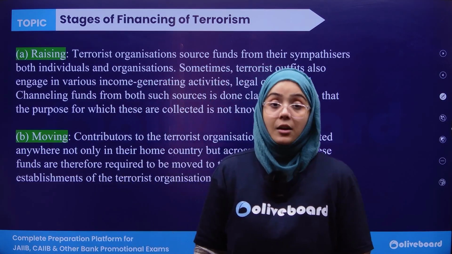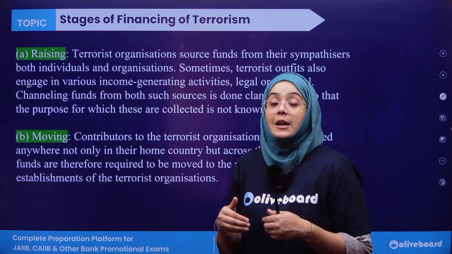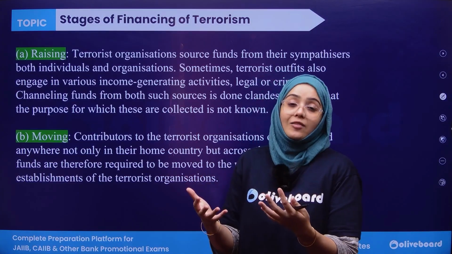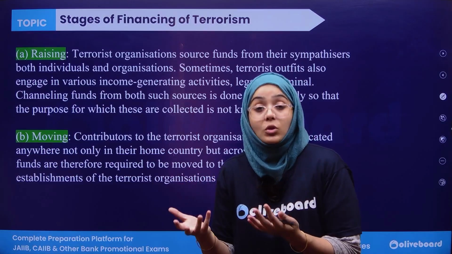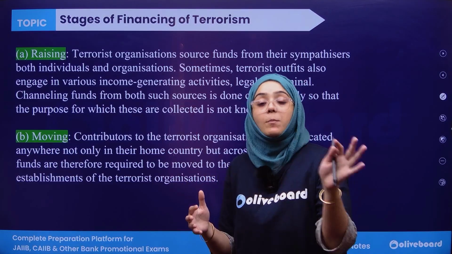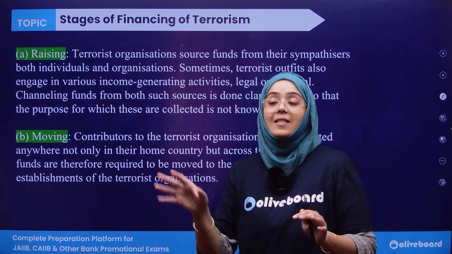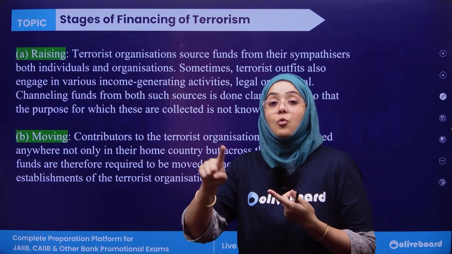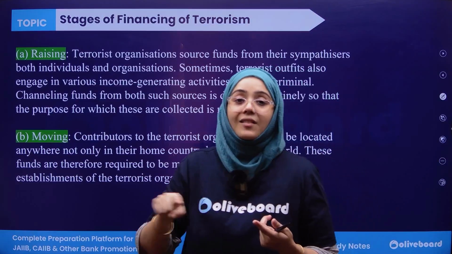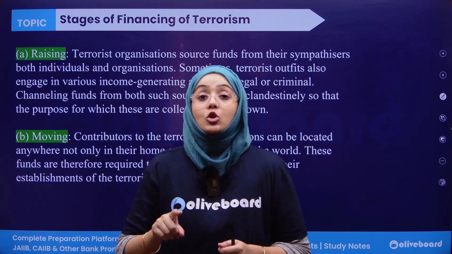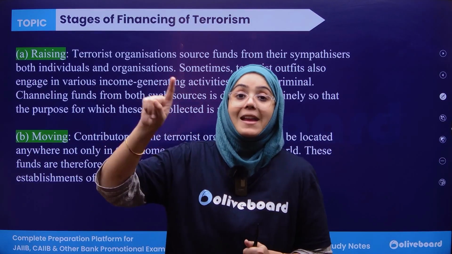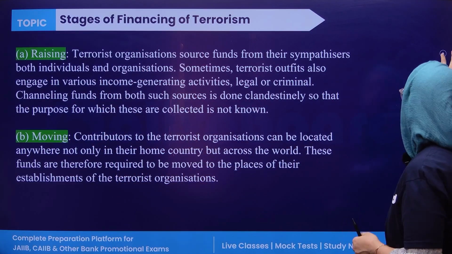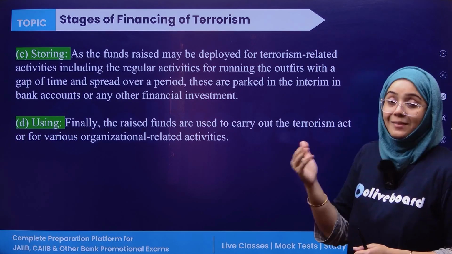The sympathizers who want to contribute funds are from different parts of the world. They do not necessarily live in the USA. So the second step is that they have to move the fund to the place of establishment of the terrorist organization, that is the USA.